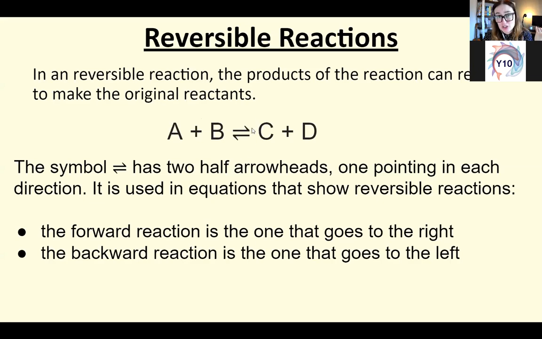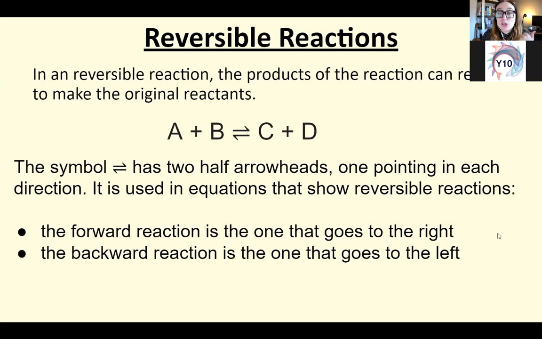This shows you that the reaction is reversible, goes to C plus D. Now that means in certain conditions, if I react chemical A and chemical B together, I'm going to get chemical C and chemical D. But I can also have chemical C and D reacting together to make A and B again. And that will often require different conditions. And a lot of the time, it's actually quite annoying for chemists because it means when they're trying to make their products, you've got a little bit of a backward reaction happening at the same time.